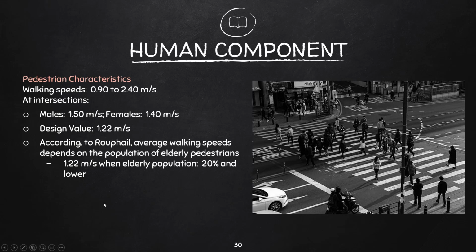That is the design value, the one that we use for designing the pedestrian lanes. 0.9 meters per second when elderly population is more than 20%. So elderly population is also considered in the design of intersections.